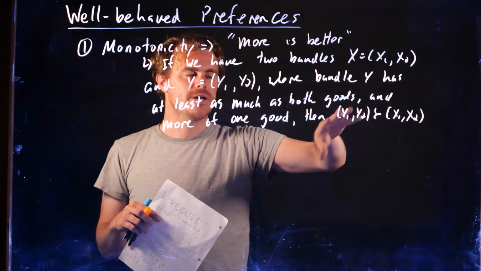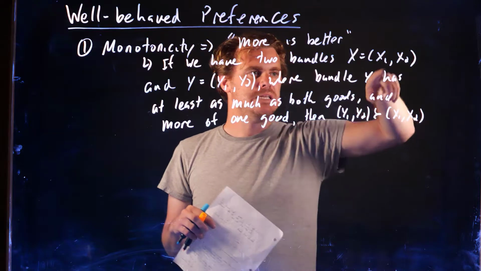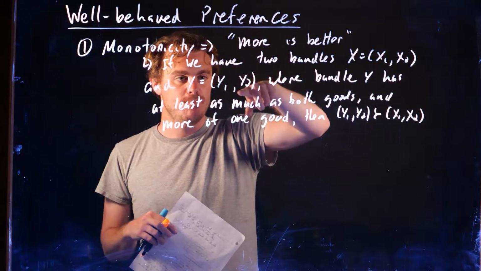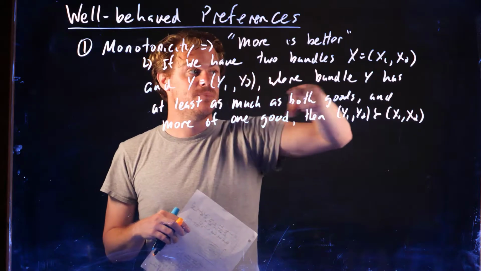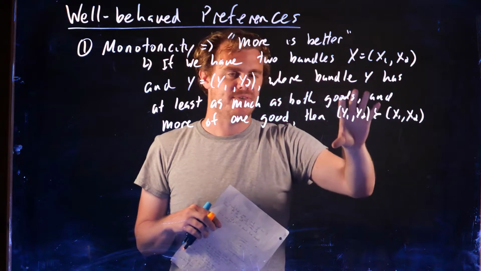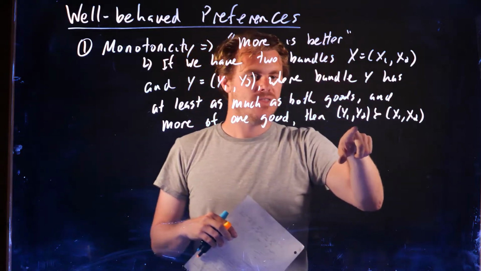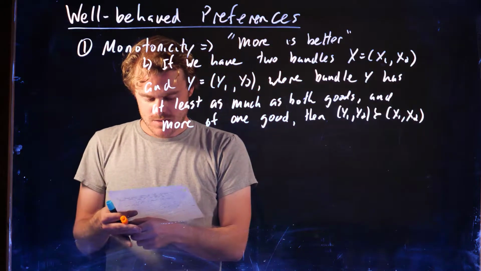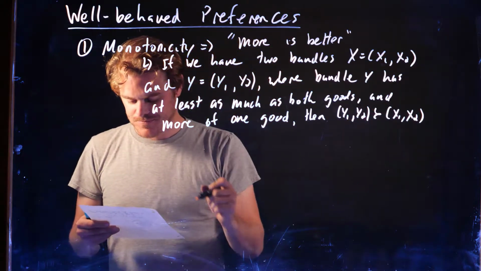Maybe that's kind of weird wording, but for example, let's say x1 is the same as y1, but y2 is a bit larger than x2. That satisfies this, and if that's satisfied, then we prefer this bundle to that bundle. So remember, that's strictly preferred.